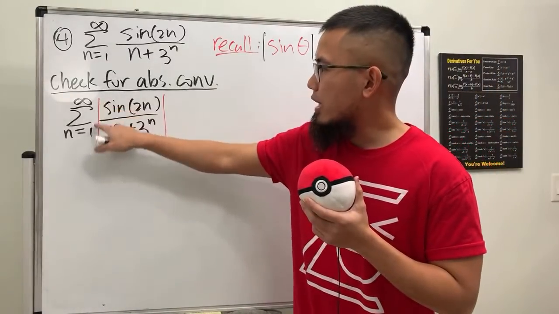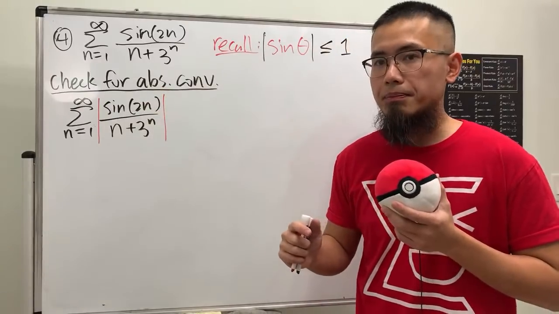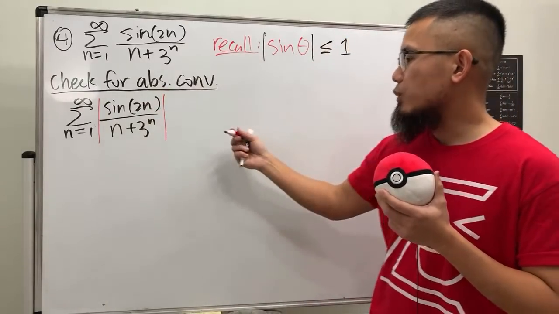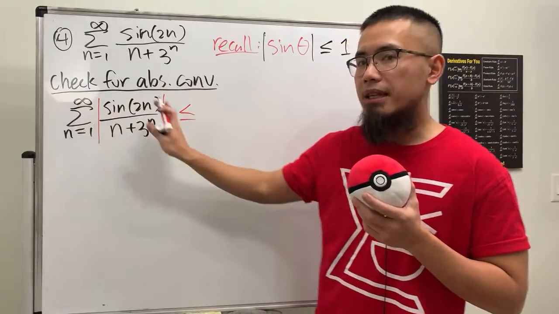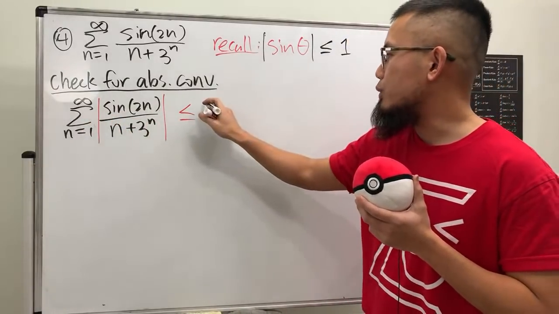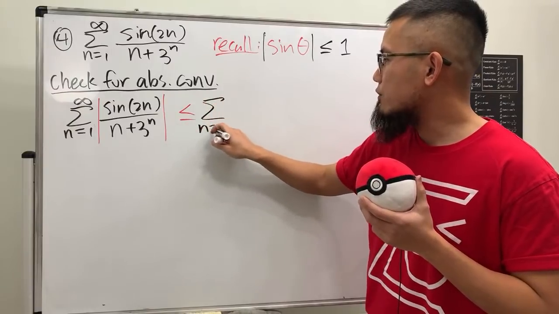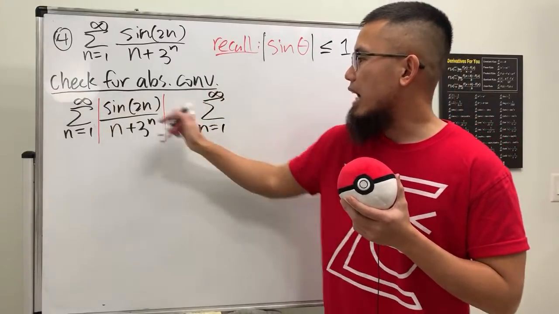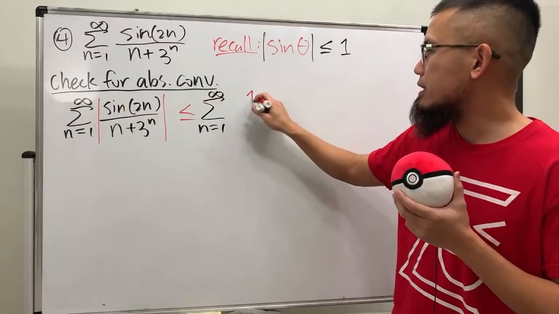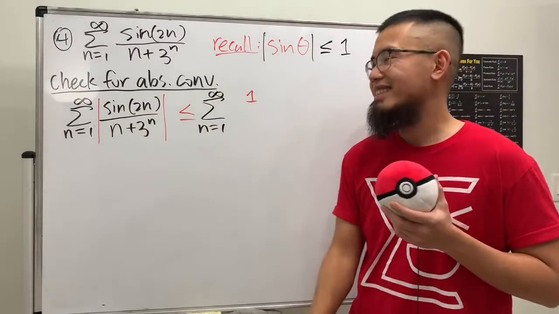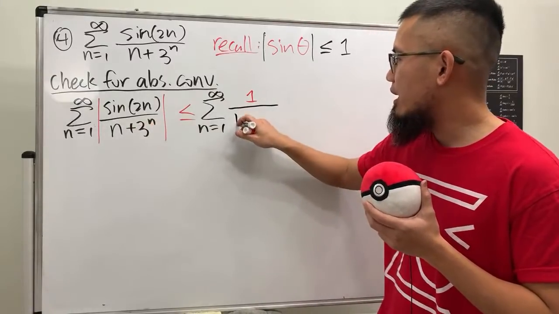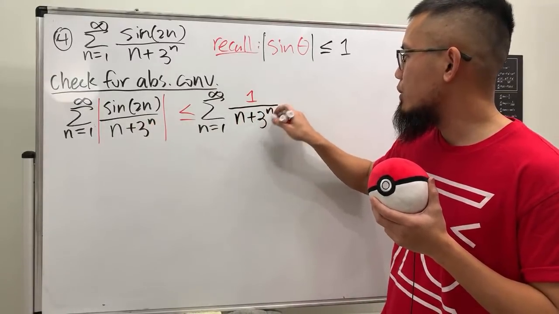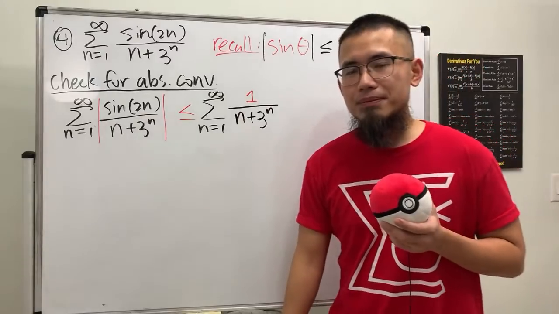That means we can just take a look at the absolute value on the top. And then because we know this, we can actually have an inequality that this is less than or equal to the series as n goes from 1 to infinity. The top, I will just replace that with the number 1. And then divided by, here we have n plus 3 to the n, right?